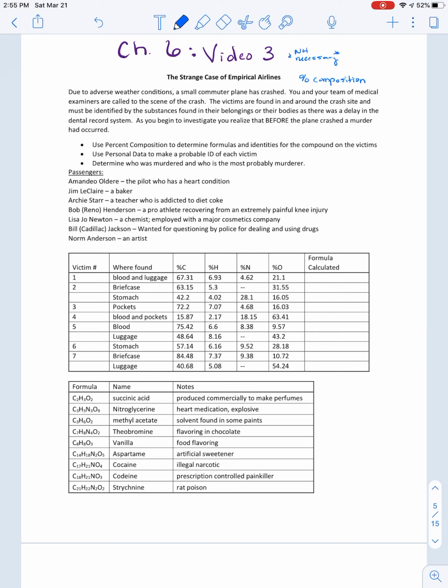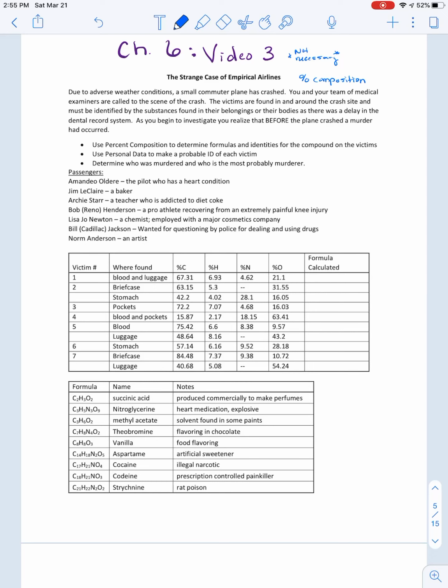So here's the scenario. Due to adverse weather conditions, a small commuter plane has crashed. You and your medical team are called to the scene of the crash, and the victims are found in and around the crash site. They must be identified by substances found in their belongings or their bodies, as there was a delay in the dental record system. Had to add that in because I had a lot of people questioning that.